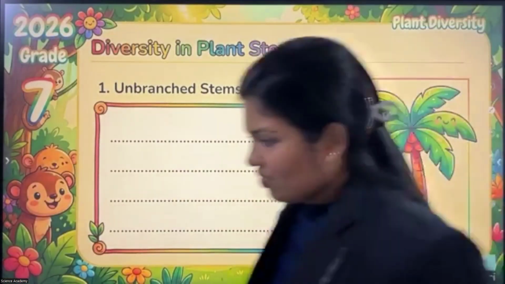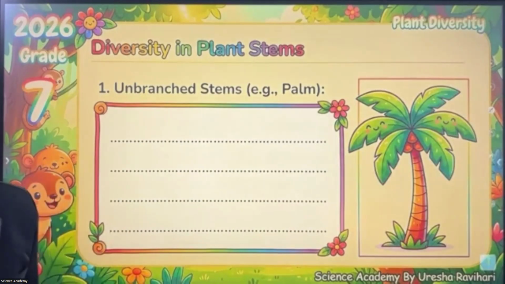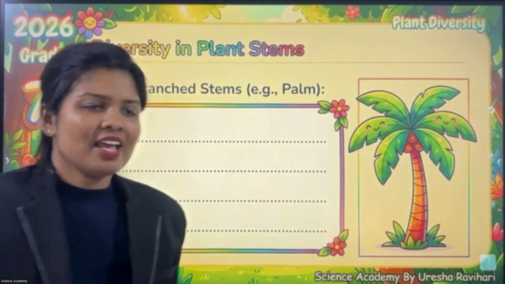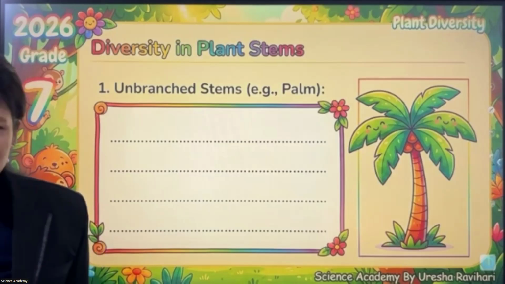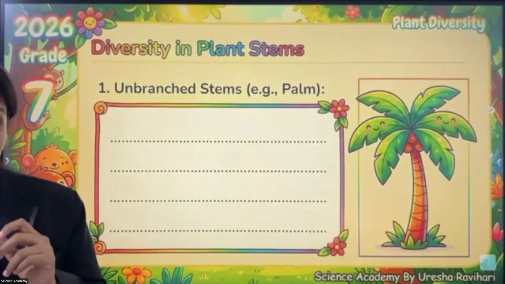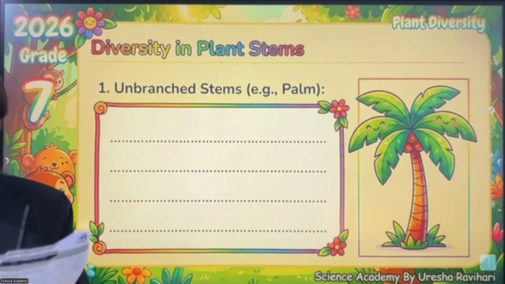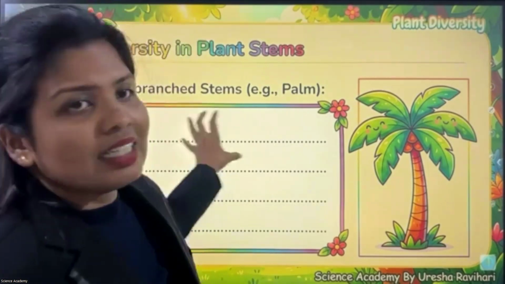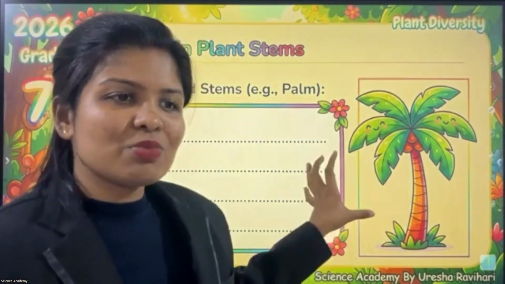Right. Now, children, we are going to discuss the diversity of plant stems and functions. Children, there is a small problem in this tube. There's no place I have given to write the definition of branched stems and unbranched stems. In your book also, they have not given a specific place.